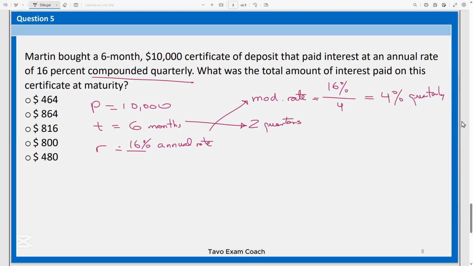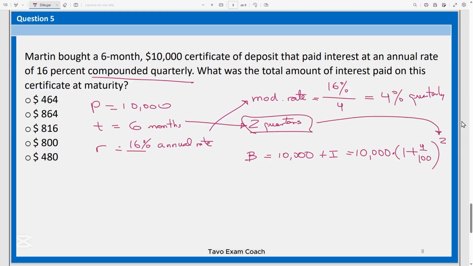So this means that using this information, we can calculate the total balance, which we know to be the sum of the principal, the initial investment amount, plus all the interest earned. This would be equal to the principal, 10,000, multiplied by (1 plus the modified rate of 4%) up to the duration in quarters. This duration goes here as number 2.